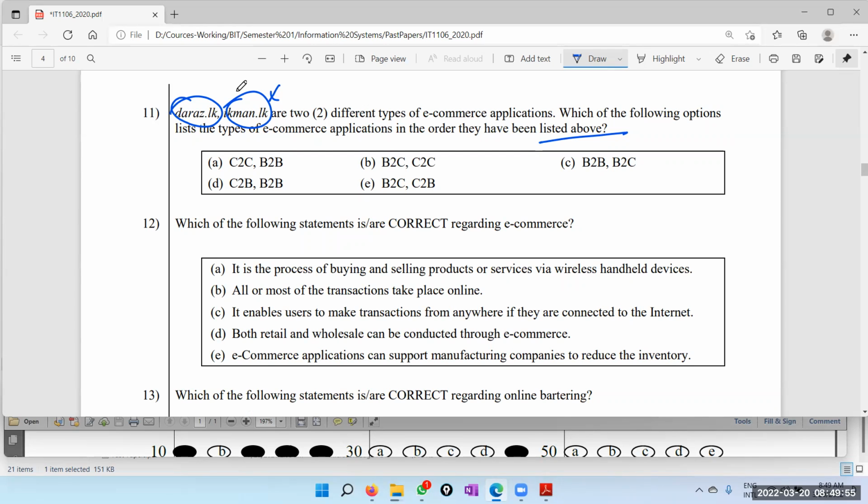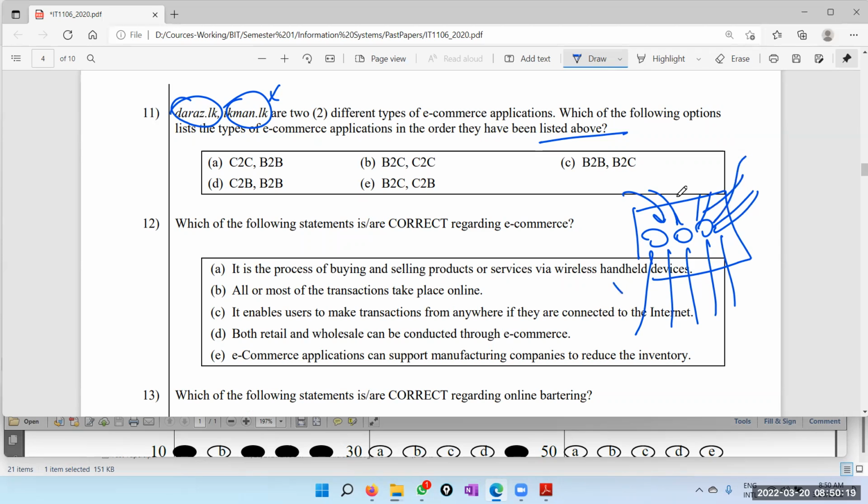And we know that Daraz is a trading platform where people can buy things even from overseas, right? Those products are also there, and others can sell it. And Daraz itself is also selling, and they also allow third-party vendors to come and sell on the Daraz side. Okay.